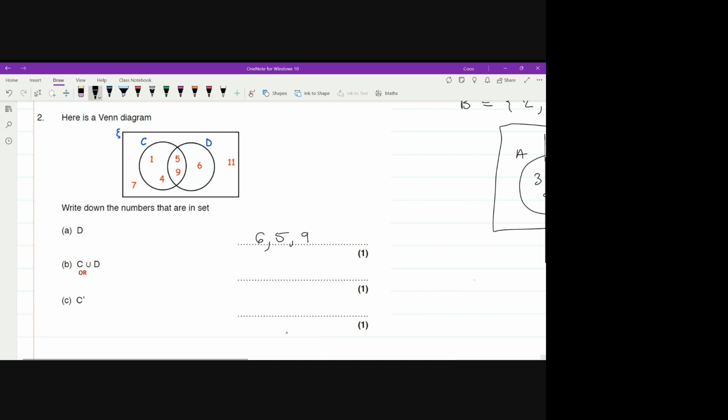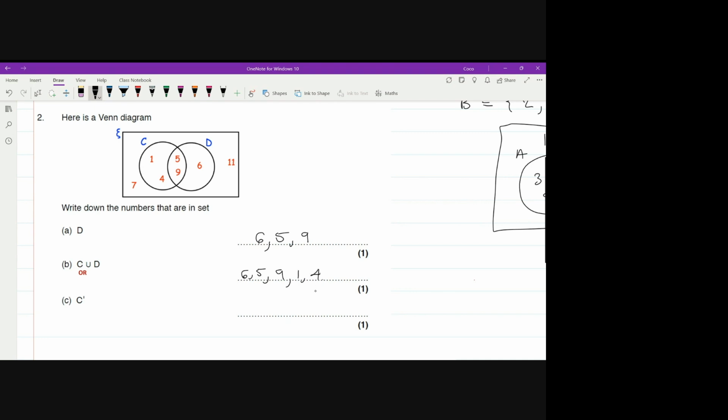We're all in agreement. 6, 5, and 9 would be everything in set D, right? So I would have 6, 5, 9. What am I missing? What else is there to include? 1 and 4. That's it. Correct, my darling. Yes, 1 and 4, because 1 and 4 also makes up part of the circle.